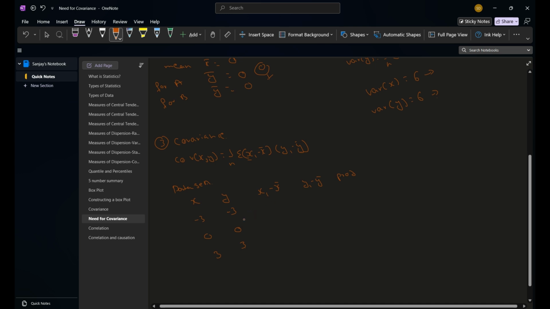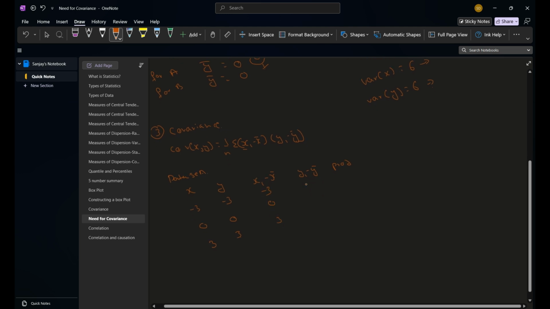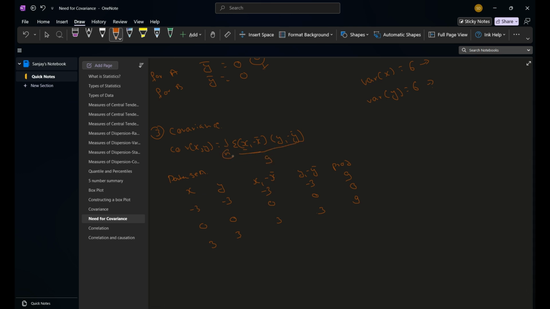So xi minus x bar will be, as the mean is 0, the same values: minus 3, 0, 3, and for y also we will be getting minus 3, 0, 3, and the product will be 9, and here also 9, and 0.